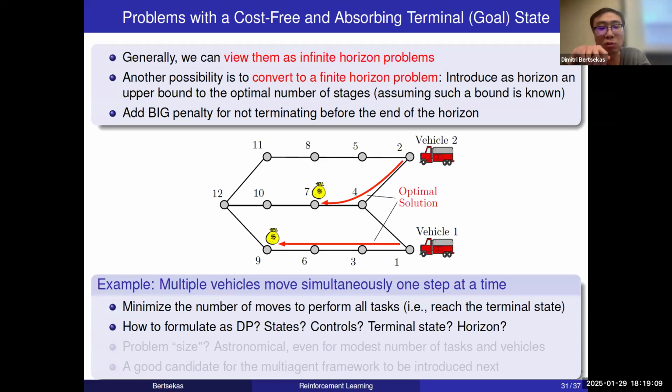And the terminal state is going to be the state where there's no dollar left in the graph, right? So using my previous formulation of the state, it will be whatever the current position of vehicle 1 and vehicle 2 is, and there is no task remaining. All those states lumped together become the terminal state.